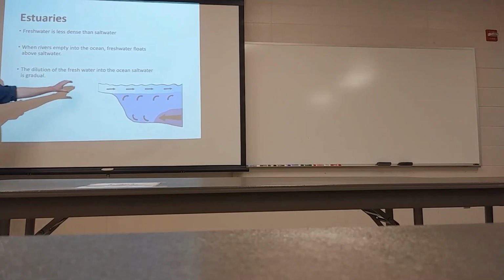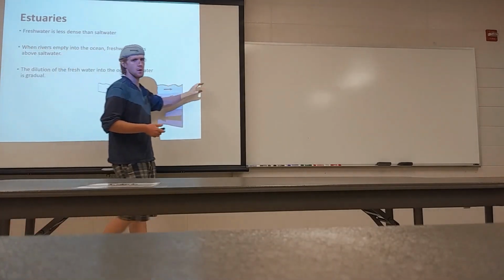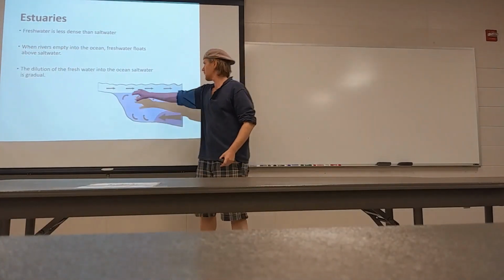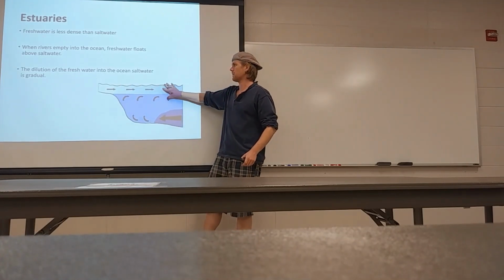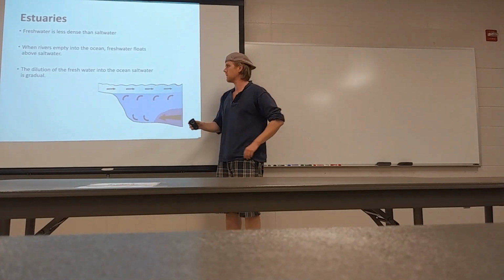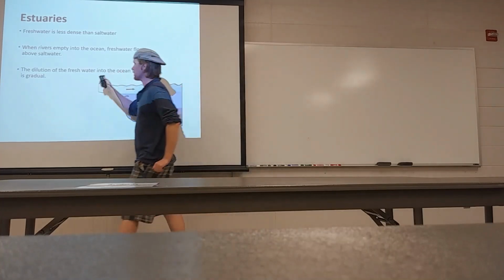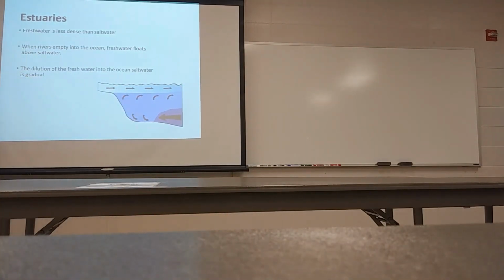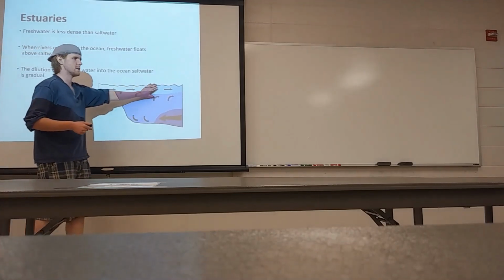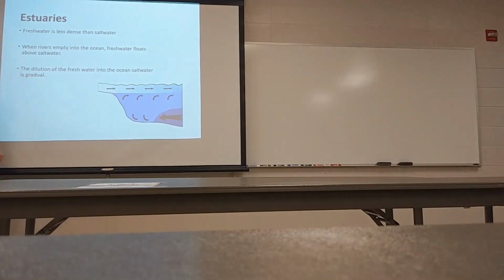And you can see here that it forms a separate layer above the salt water for quite a while, long after it's actually emptied out into the ocean. And so the diluting of fresh water into the 35 parts per thousand salinity of the ocean is quite gradual. And there's quite a bit of brackish water even a ways out from the actual river mouth itself. So that's what occurs in estuaries.